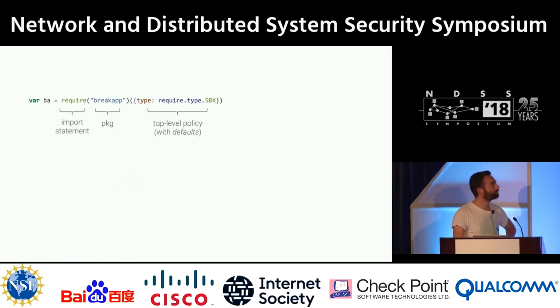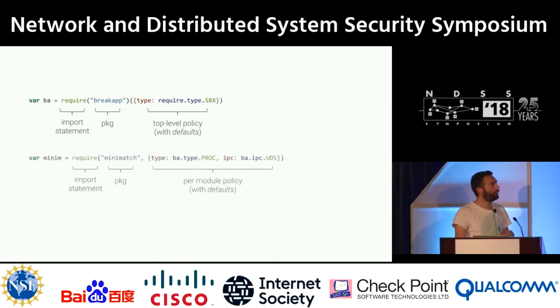Okay? A couple of points on policies. Developers can specify policies at the top level, and these will propagate down the dependency chain. Or they can go at the level of individual modules at a very fine granularity and specify what behaviors they allow or disallow.